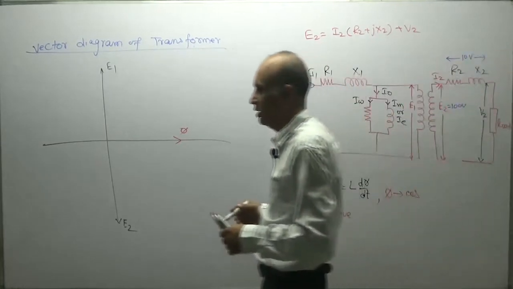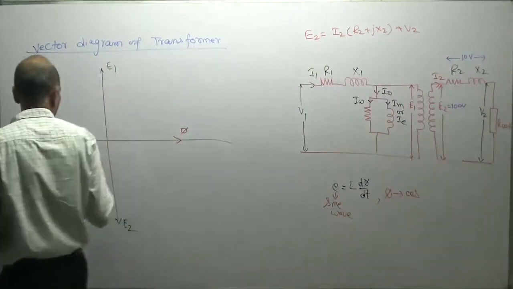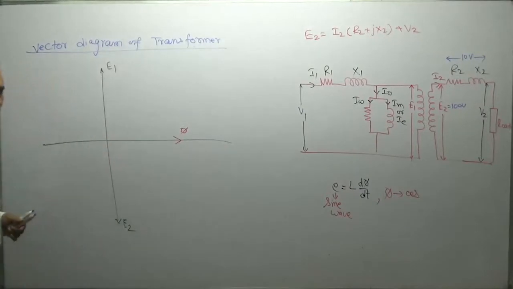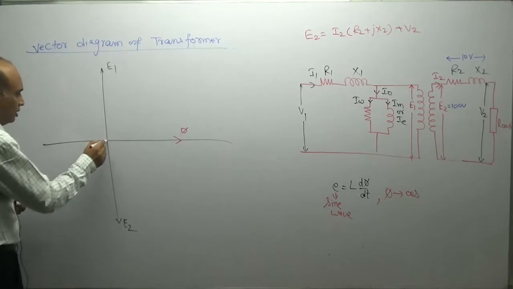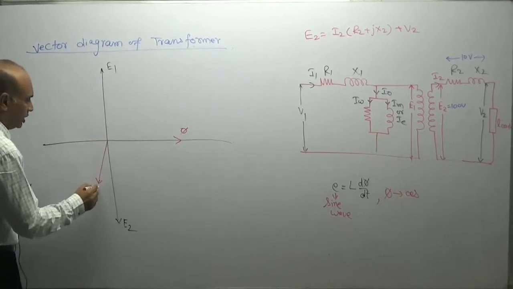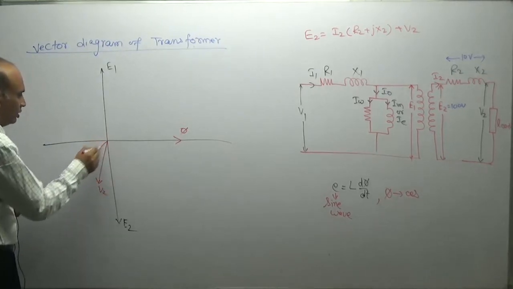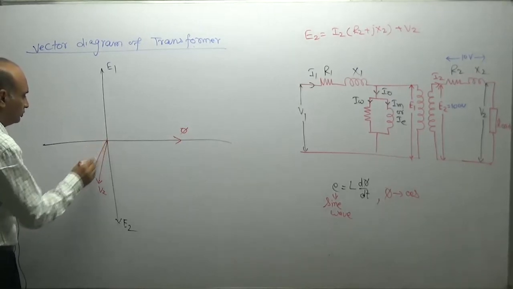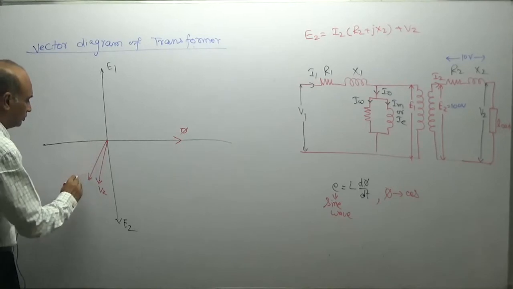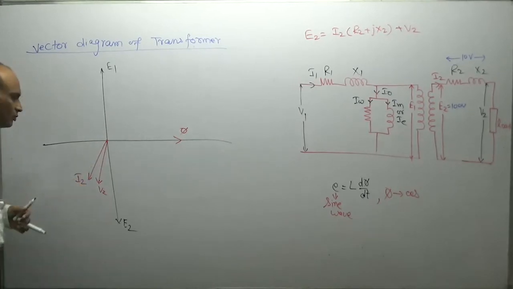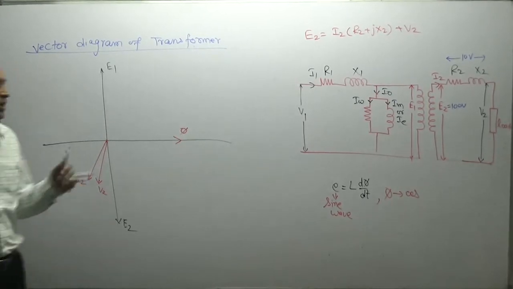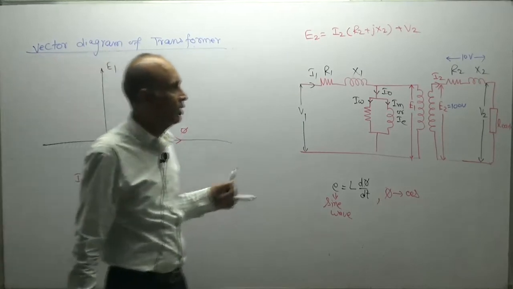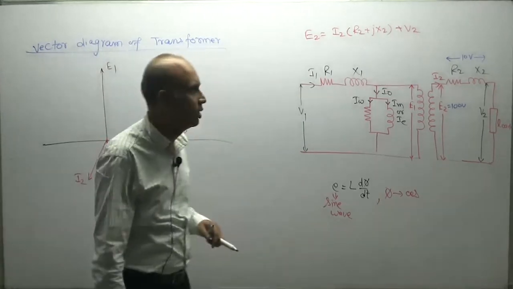So how will we show it in the vector diagram? It is V2, suppose it is I2. We are assuming that it is an inductive load.